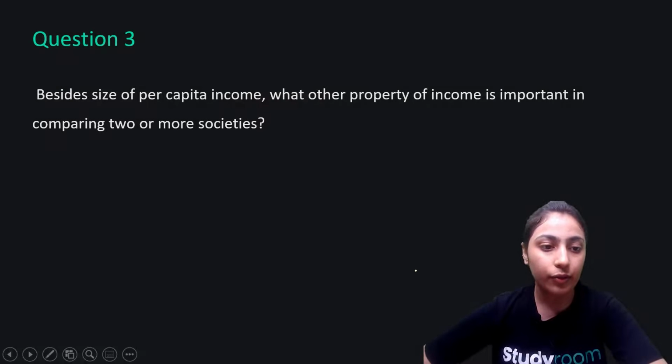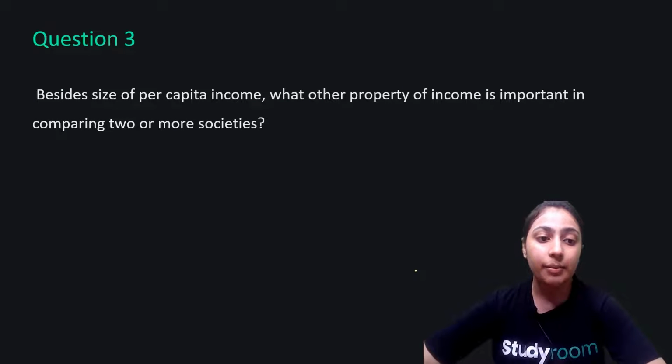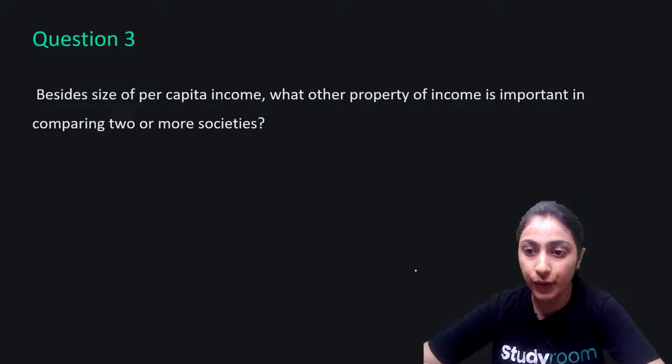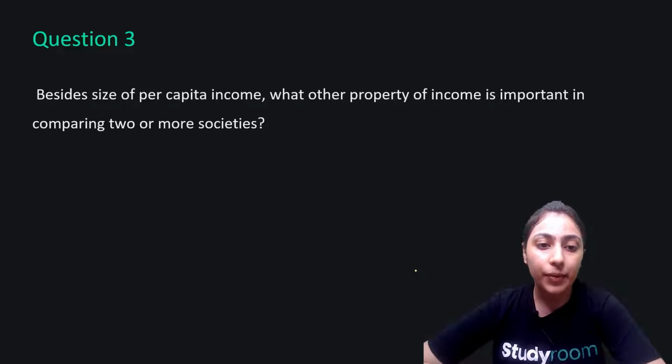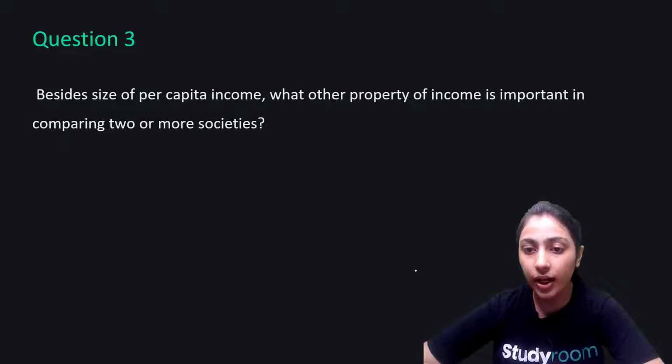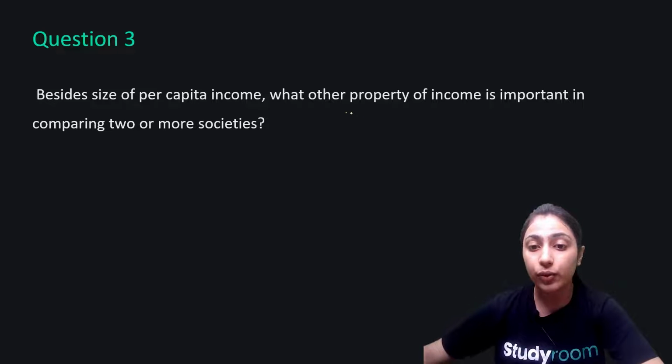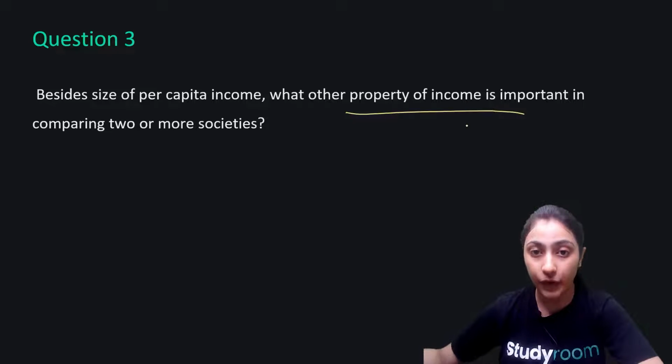Alright, moving forward, it says, besides size of per capita income, what other properties of income are important in comparing 2 or more societies? So besides comparing the income, what other property of income is important when comparing 2 or more societies? One main thing, do not get confused by the words property of income.